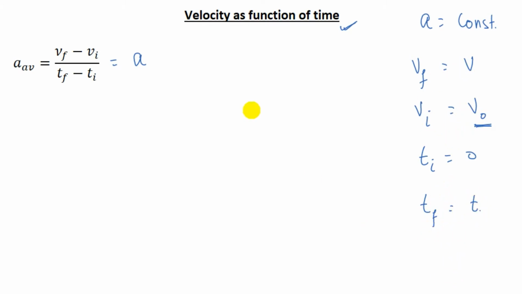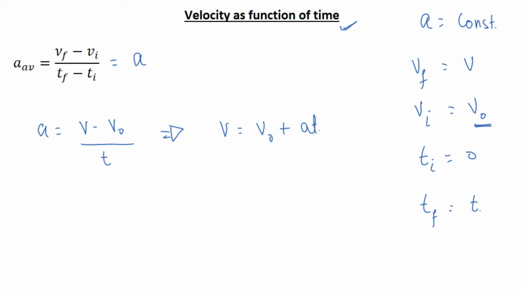So we can put all these values here. So a is equal to final velocity v minus initial velocity v naught, divided by final time t minus initial time 0, so this would be t only. Now rearranging the terms, we'll get that v is equal to v naught plus at.